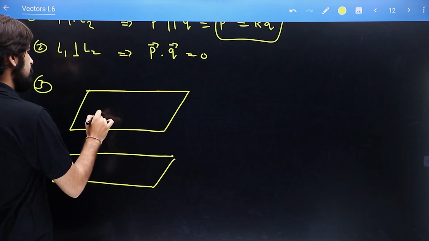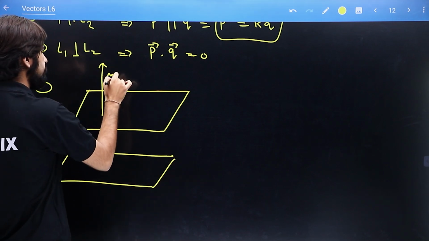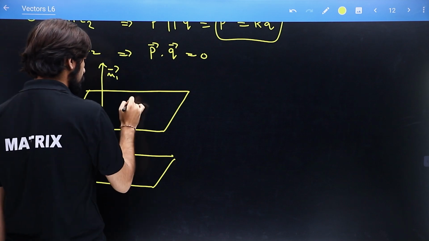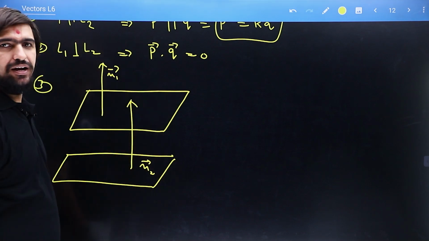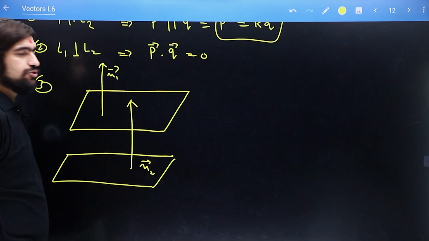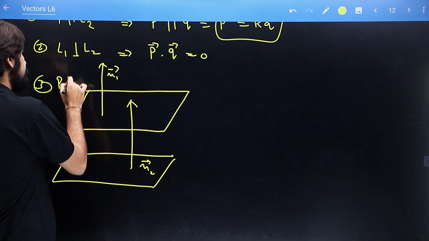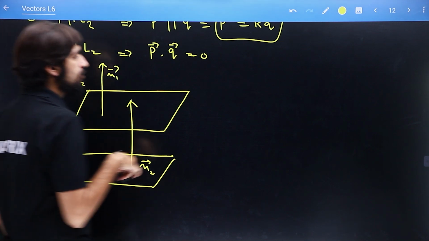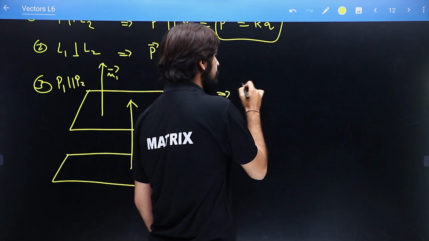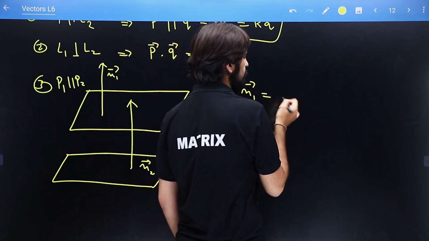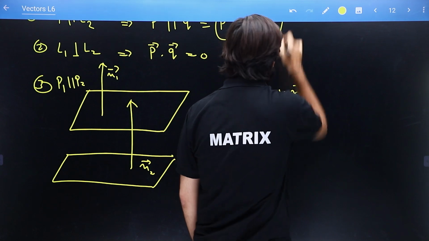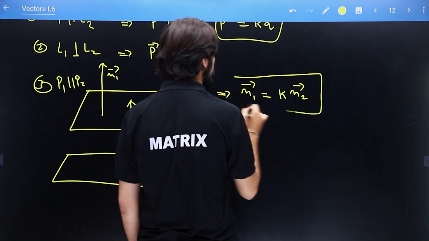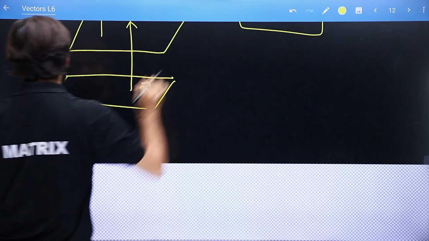This is the normal of plane 1. This is the normal of plane 2. If two planes are parallel, then their perpendicular lines are also parallel. So you can write that N1 vector is equal to again K times N2 vector. Now this K is different from that K.